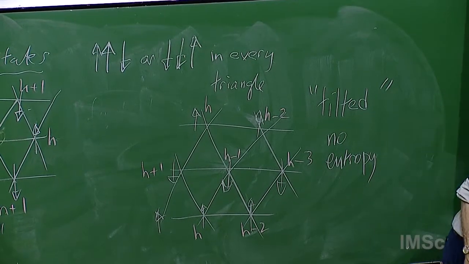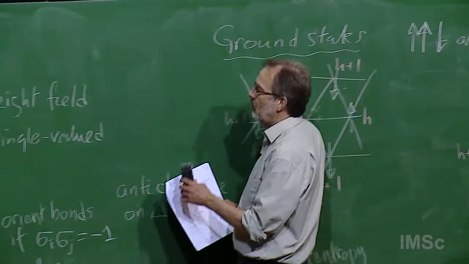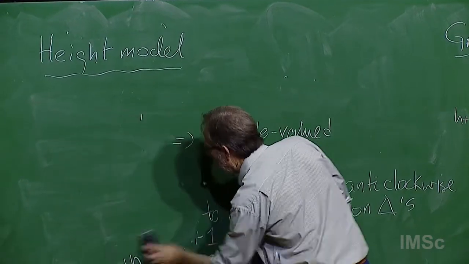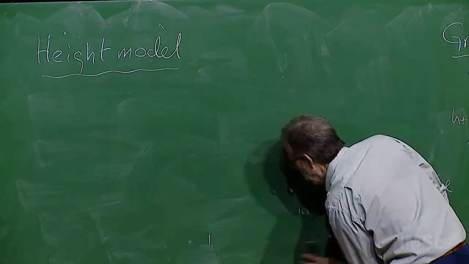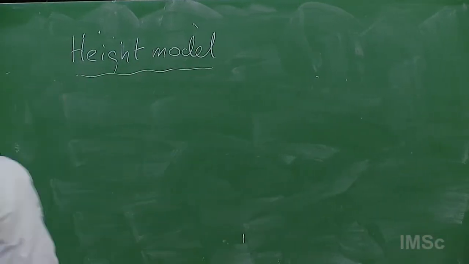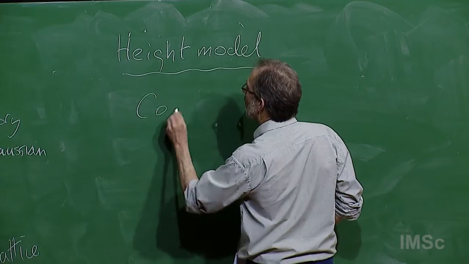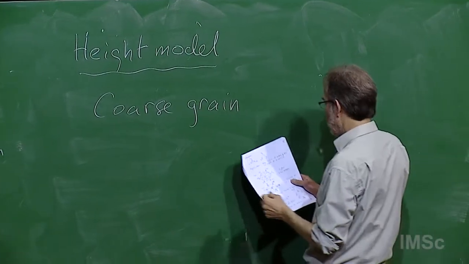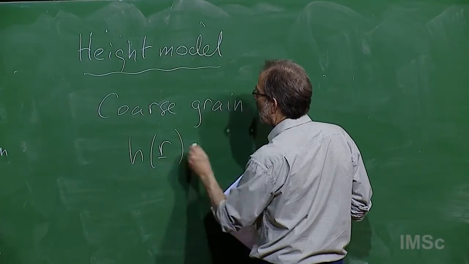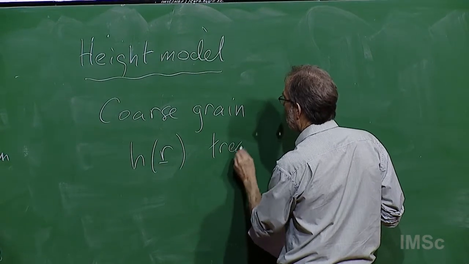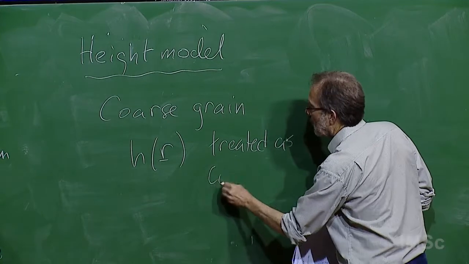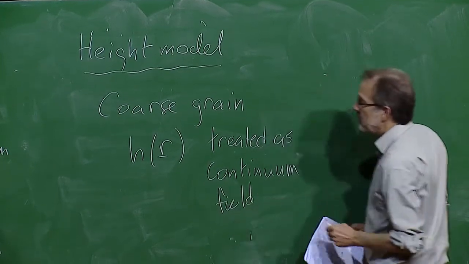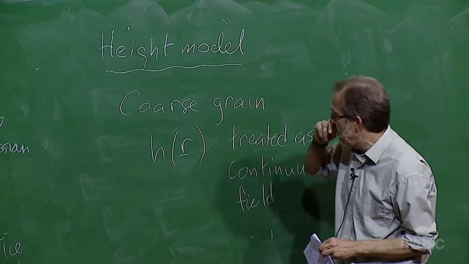So that's a detail which it's maybe not worth stressing. The key thing is that if we coarse grain, we're going to want a continuum height field anyway. So when I say continuum field, there are really two aspects to that.